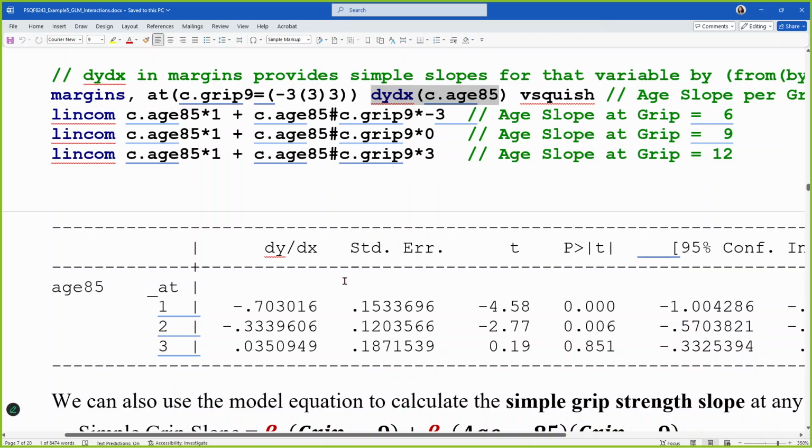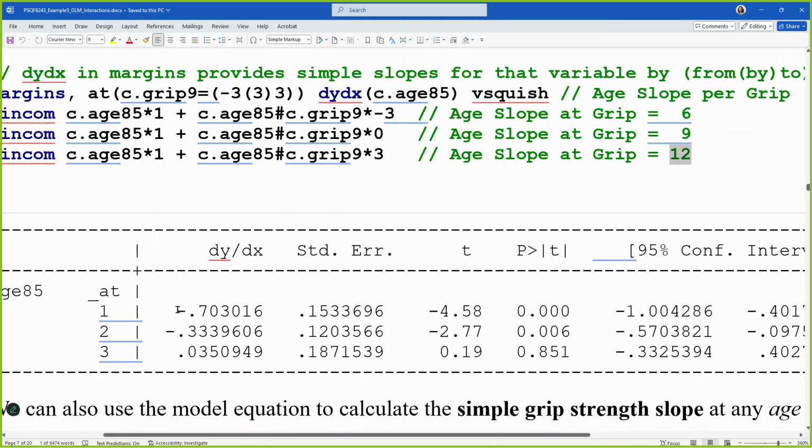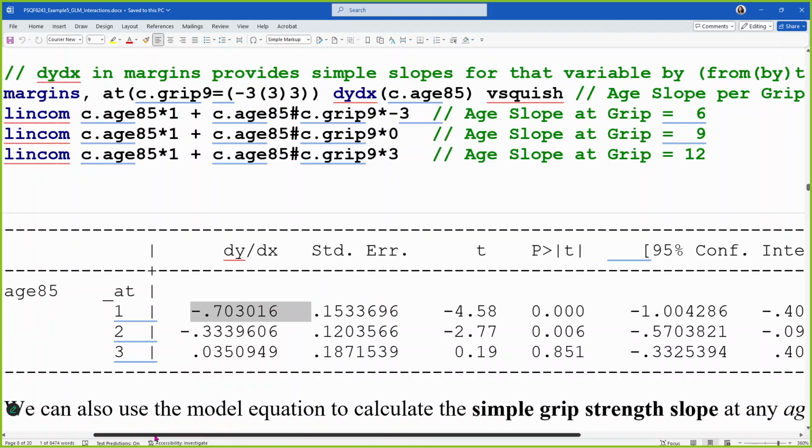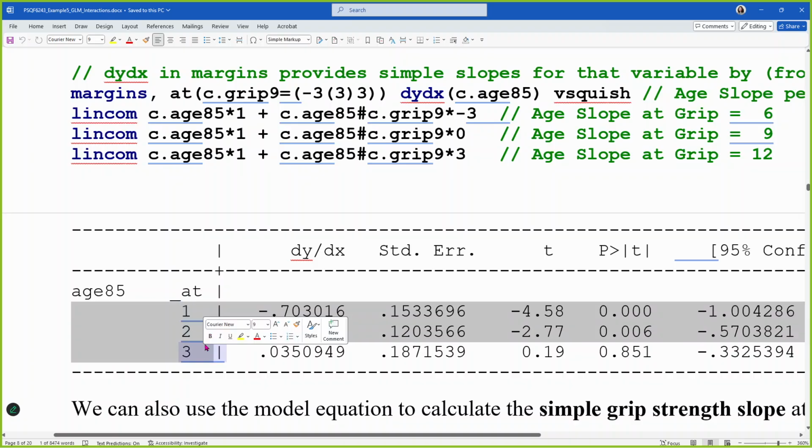So here are the results for these prototypical values of roughly -1 standard deviation, the mean, and +1 standard deviation. So if I look through the list here, the first one is at -3. And note, I hate that Stata does this. Hillary, do you know how to fix this? It just lists them in order, but it doesn't tie it to what you said up above.